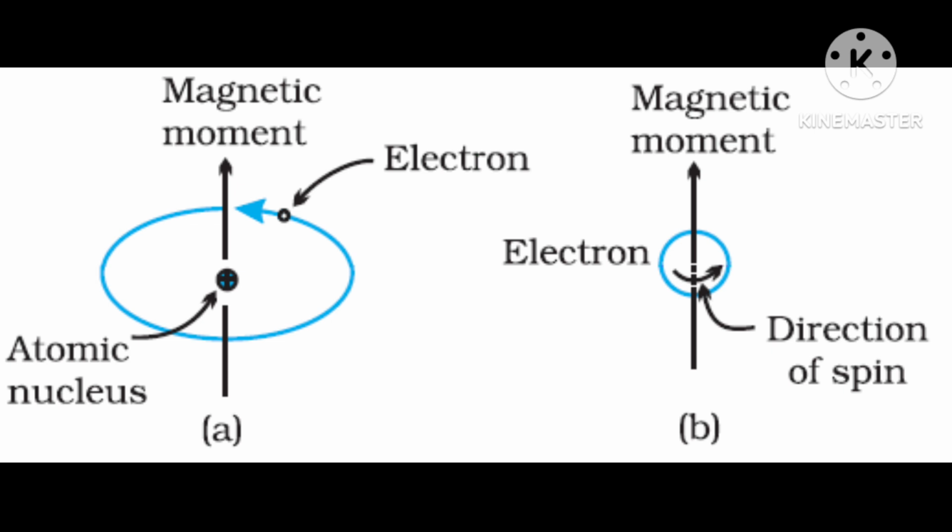Last is ferrimagnetism. First understand, it is observed when the magnetic moments of the domains in the substance are aligned in parallel and anti-parallel directions. Parallel means both electrons are in the same direction.